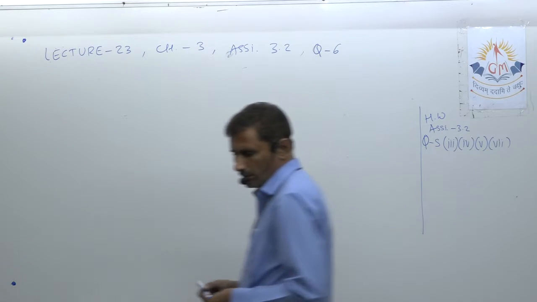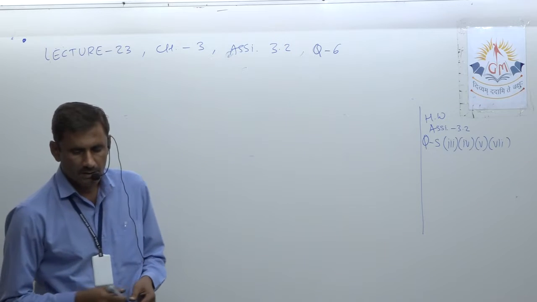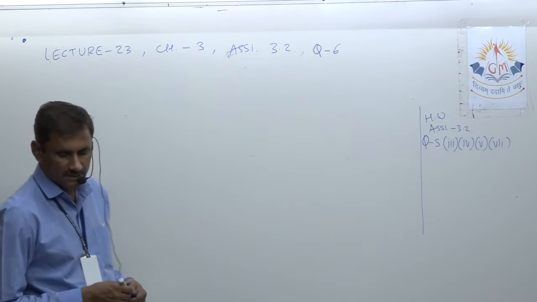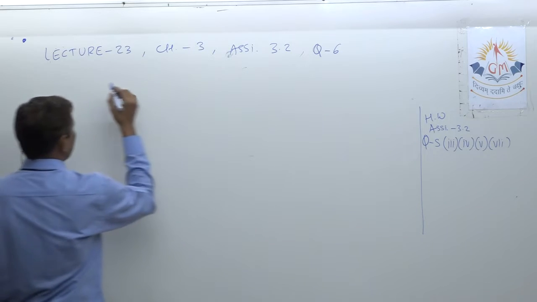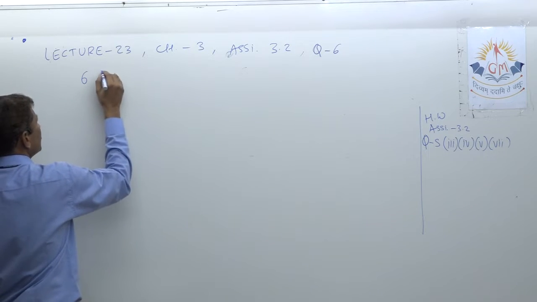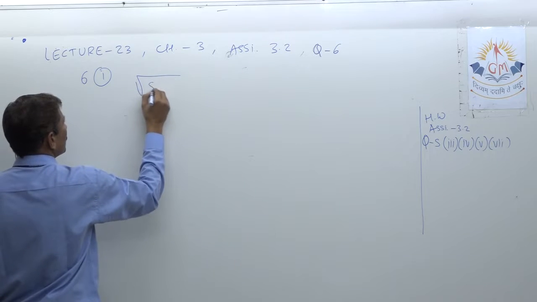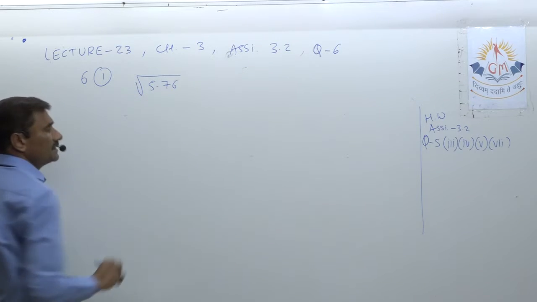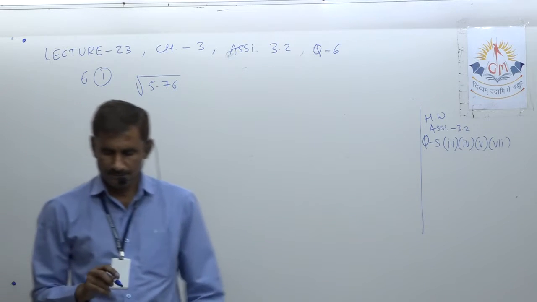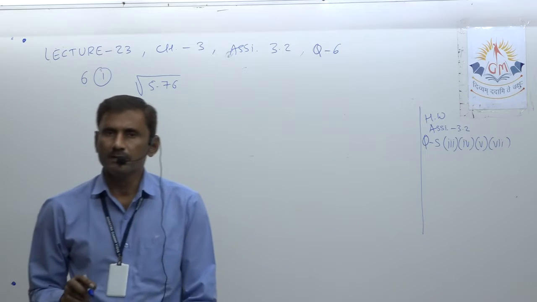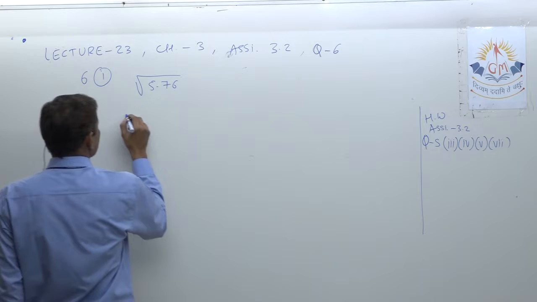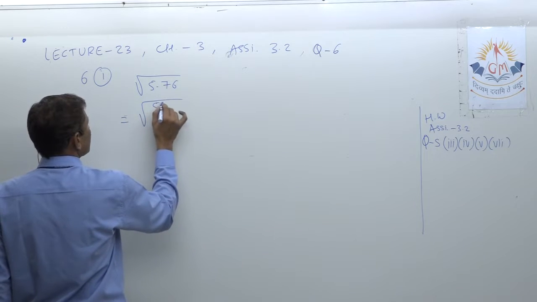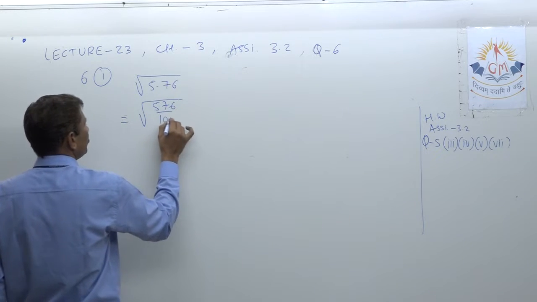So first of all, here they have given 5.76. Now here you have two ways. First of all, you can remove the decimal here if you want. If you remove the decimal, then you can say it is 576 upon 100.